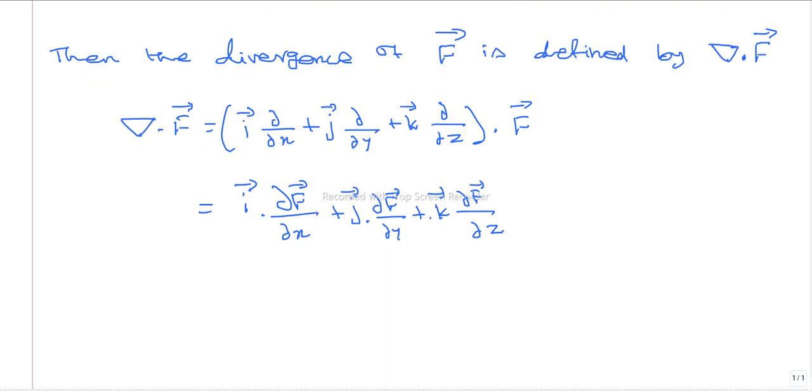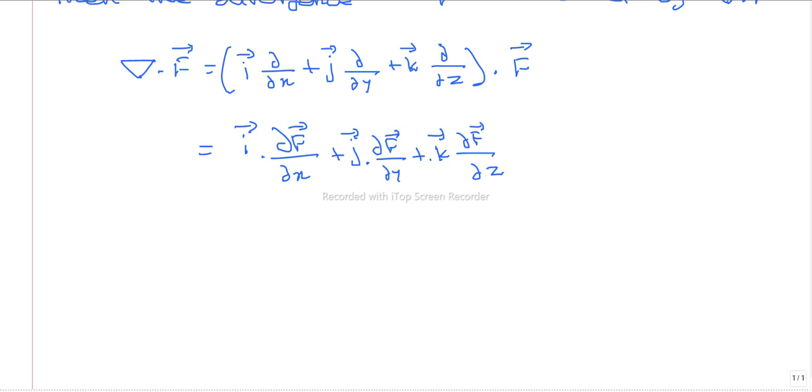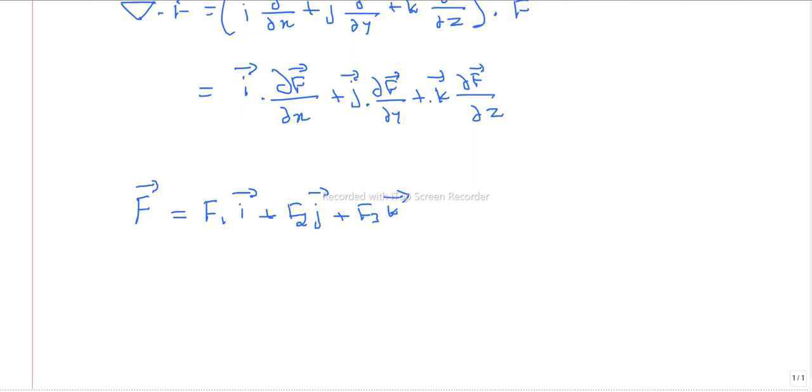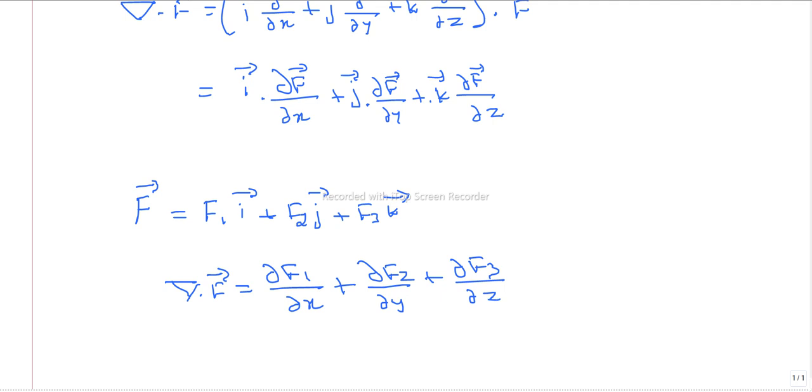Since f is a vector, we can write f equal to f1 times i vector plus f2 times j vector plus f3 times k vector, where f1, f2, f3 are the components of the vector f. Now what is the divergence? The del dot f is nothing but, you just have to differentiate f1 with respect to x, and then sum with differentiating f2 with respect to y, plus dou f3 by dou z. Just differentiate and then sum.